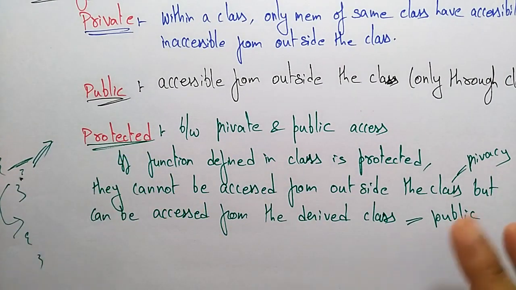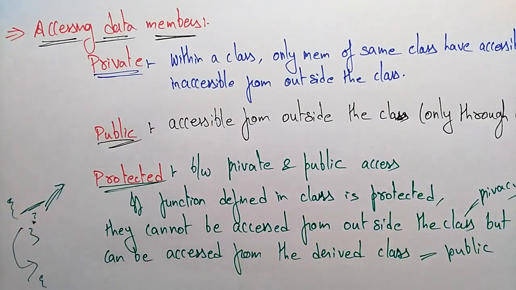These are the ways of accessing data members: private, public and protected.